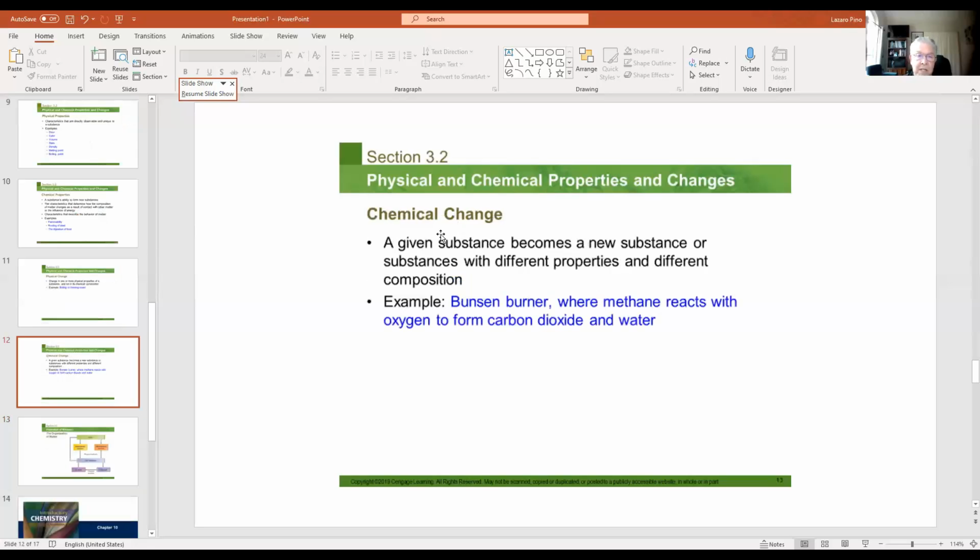In a chemical change, it's the opposite. A given substance becomes a new substance. For example, when you have in a Bunsen burner methane reacting with oxygen to form carbon dioxide and water.